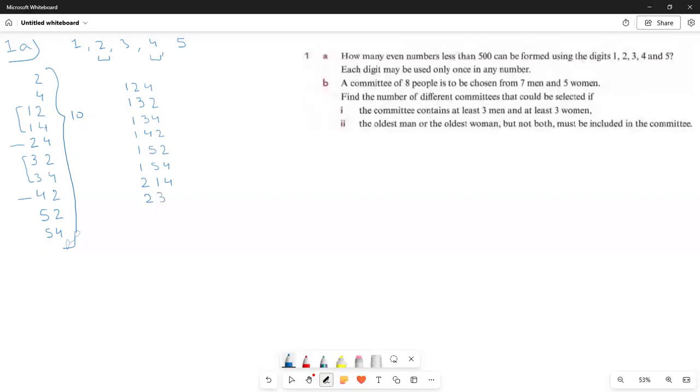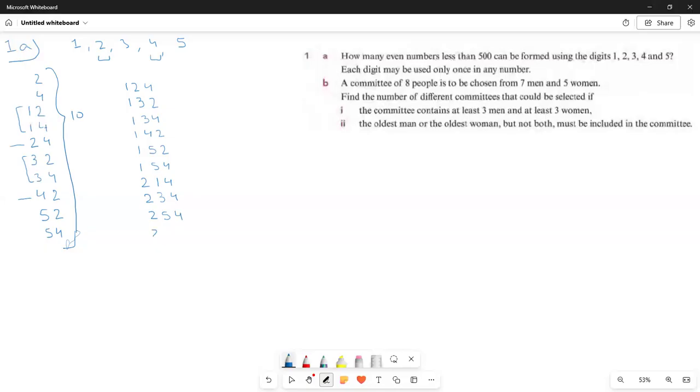And then the last digit, I cannot make it 2, I have to make it 4. Okay, so next would be 2, and if I make 3 into 4, I cannot write the next number because 2 and 4 are both already used once. So next I have to make it 5, and with 5, the smallest number would be 4 here because I cannot write 2 here.